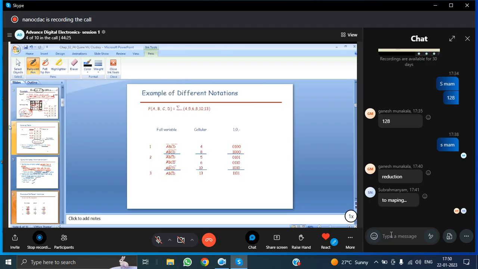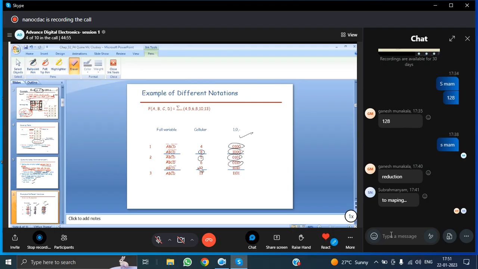Here, this is nothing but the full variable form, so we will be using the variables A B C D. In cellular form, we use the decimal value corresponding to the binary number, like 8, 5, 6, 10. In 1-0 form, we will be using only the binary values. You can take it like this, or group your numbers like this also.